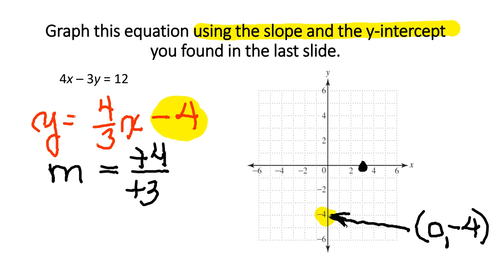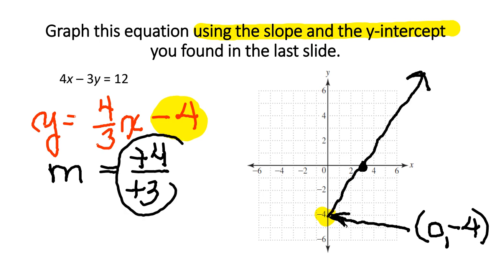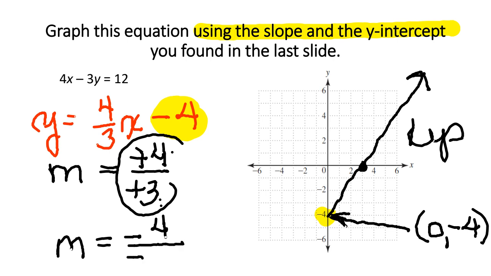But I need to go also, because this took me up. Well, I want to go down also sometimes. Well, that means if this was a positive 4 and a negative 3, I am doing the opposite. Negative 4 over negative 3, but I am going from the yellow dot, which means I'm going down 4.